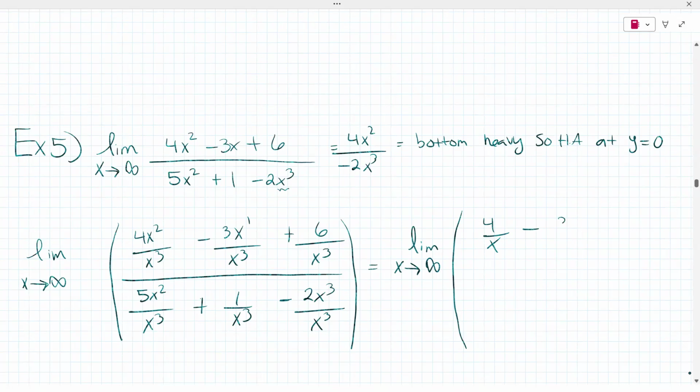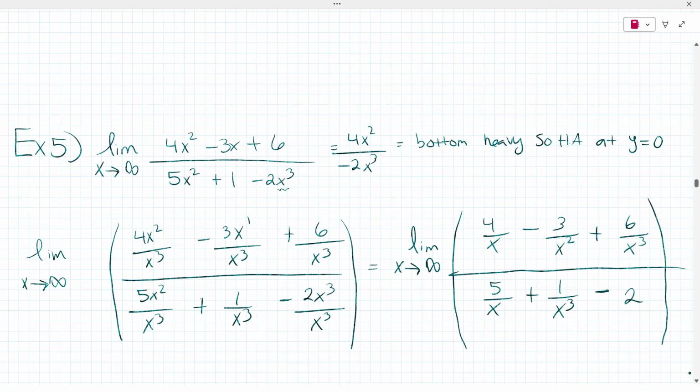So that's minus 3 over x squared. This stays the same, 6 over x cubed. Over here, x squared over x cubed is 2 minus 3, -1. So that's 5 over x plus 1 over x cubed minus 2x cubed over x cubed. The x cubes cancel, so you're left with -2.